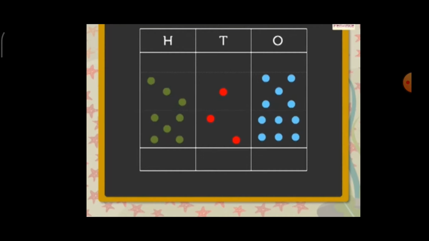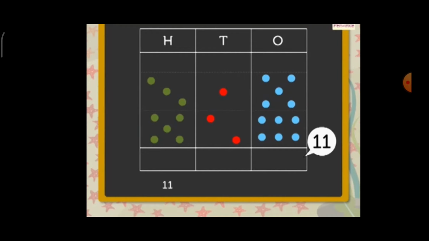Now let us add the dots in the ones column first, then the dots in the tens column, and lastly the dots in the hundreds column. So 5 blue dots plus 6 blue dots is equal to 11 ones.